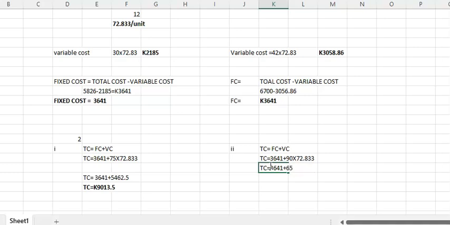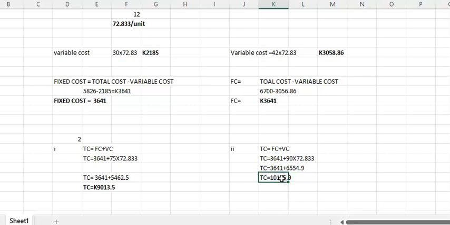We are getting 6554.9. So we add the 3641, and we are getting a total cost of 10,195.9. Yeah, that's our total cost.